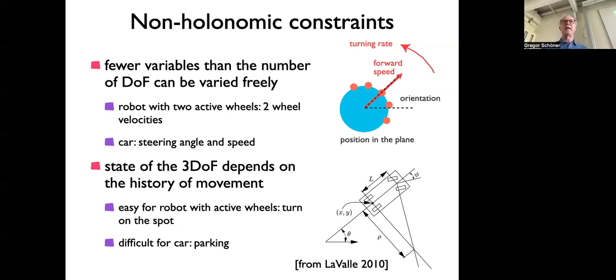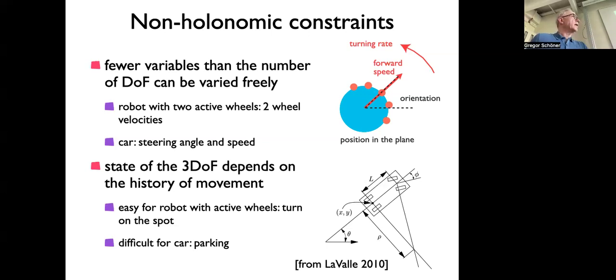So they can essentially have 2 variables, the speeds of the 2 motors. Everything else is passive. They might have some caster wheel to keep it from falling over. And so the 2 variables are the 2 speeds, essentially the 2 motors, also 2 variables. And you can see that determines both how fast they go. The average speed of the 2 wheels determines how fast they go. And the difference in speed determines how much they turn.